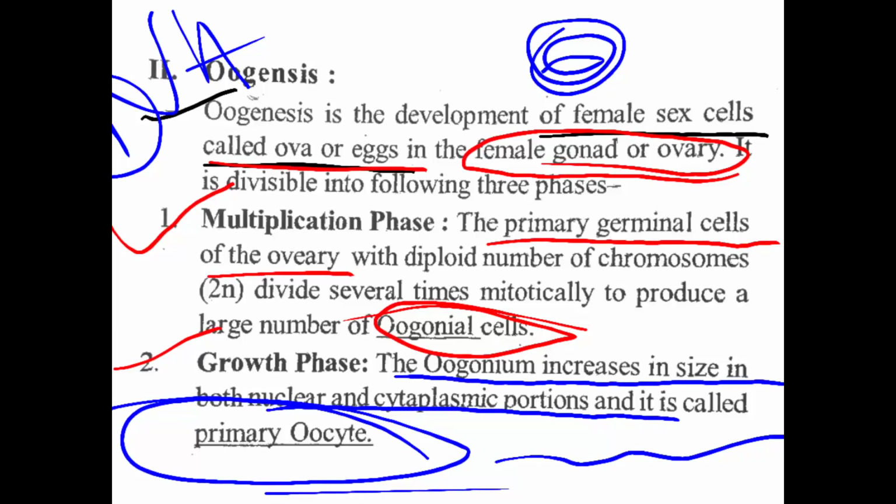The number of mitochondria, ribosomes, endoplasmic reticulum, Golgi bodies, etc. are increased.